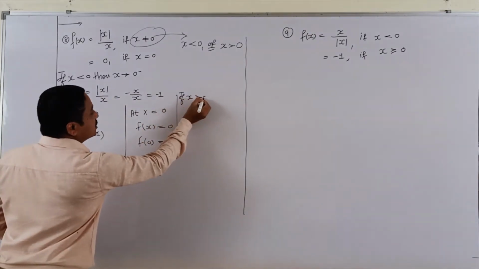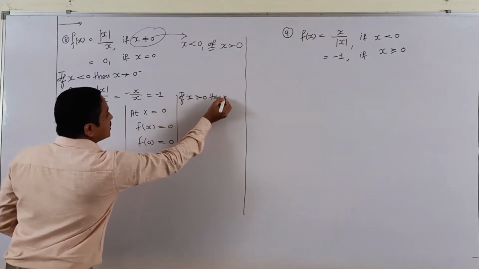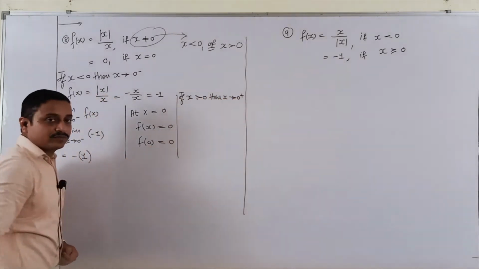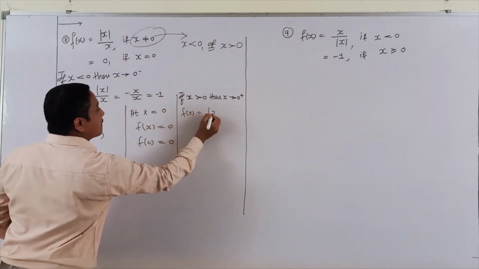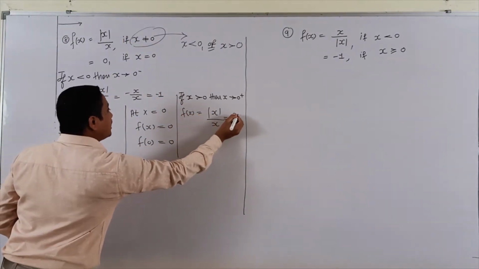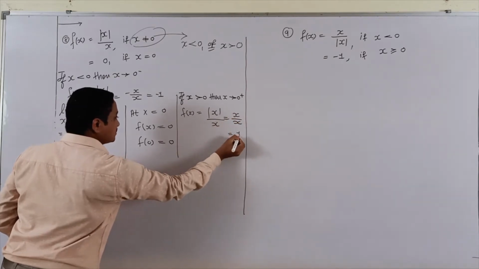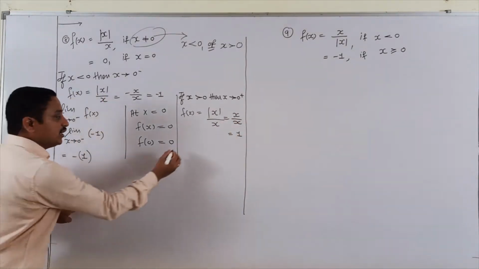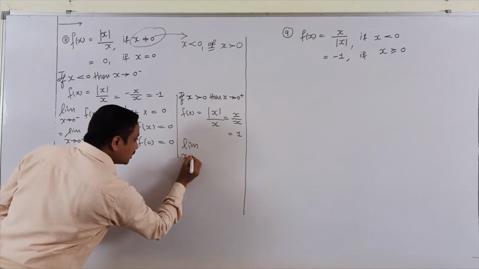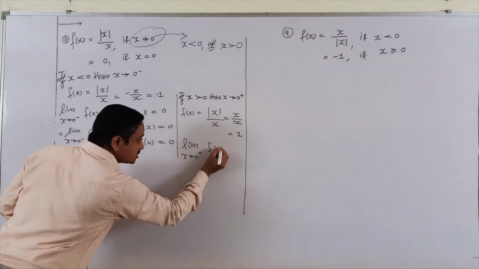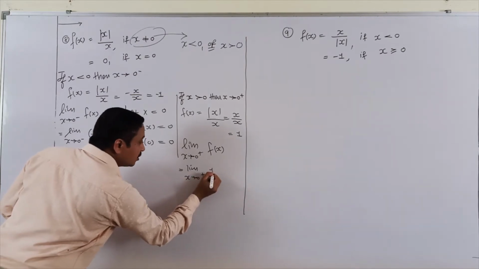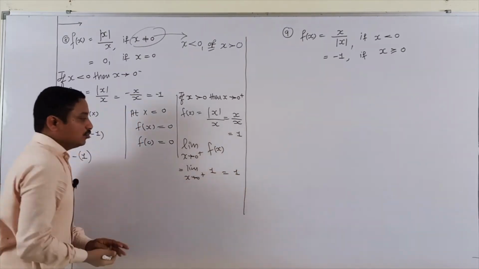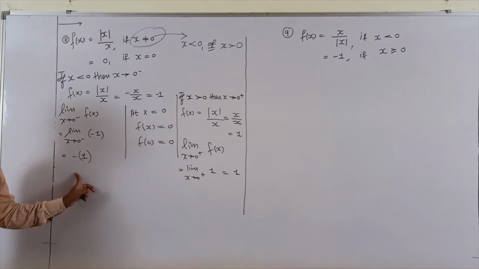If x is more than 0, then x tends to 0 positive. The cases are the same, modulus x by x, but here I take out x by x. That is one only. So finally limit x tends to 0 positive of the function is only one. So check out, are all the same?